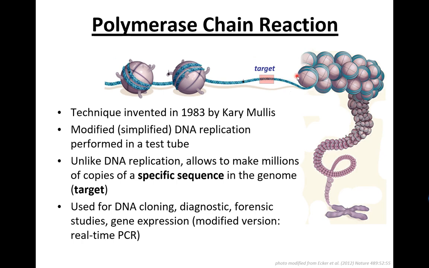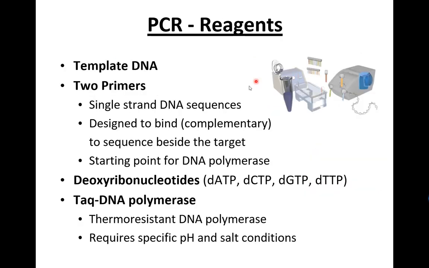That's the one that contains your target. Together with that, you would add two primers. We'll talk about what they are in the next slide. These are two single-strand sequences of DNA, similar to the RNA primers in DNA replication, that allow the DNA polymerase, in this case a bacterial Taq DNA polymerase, to start from that point. This is exactly what allows you to focus on the target.